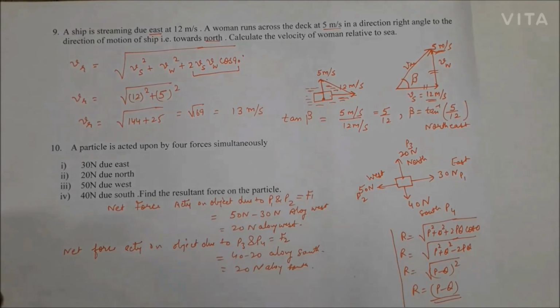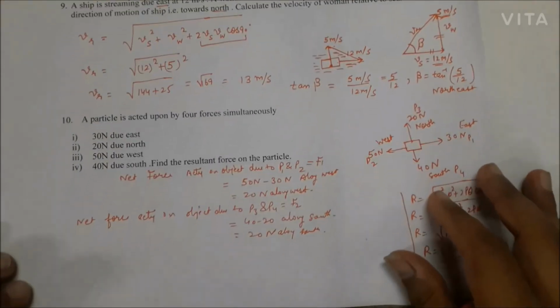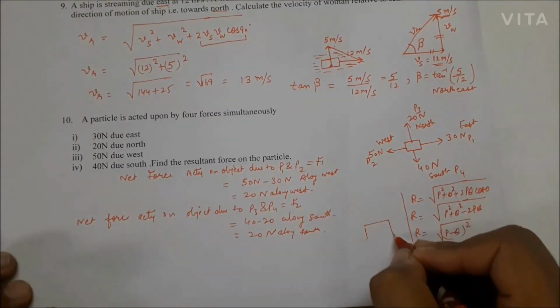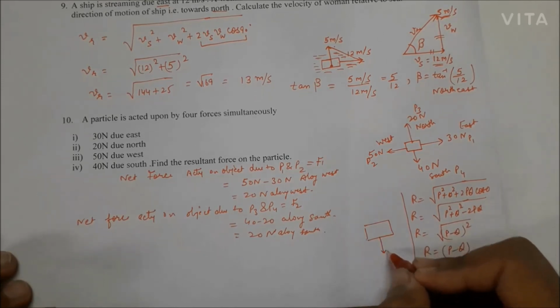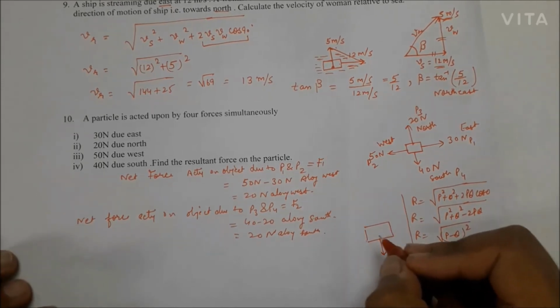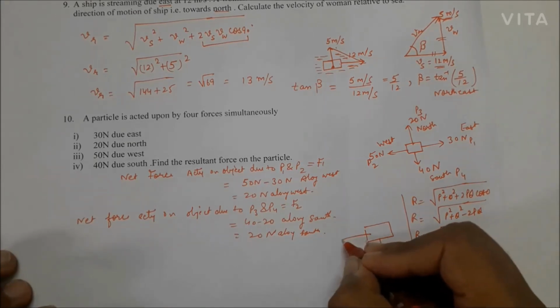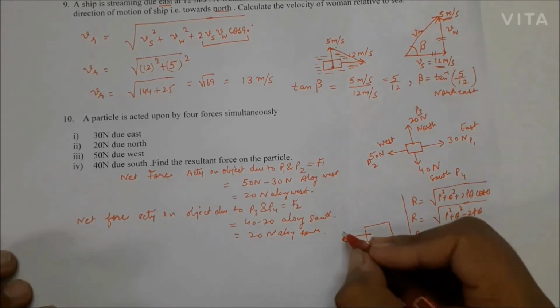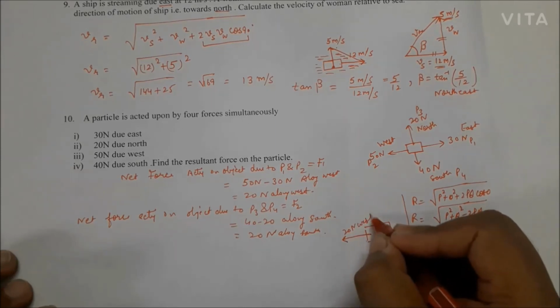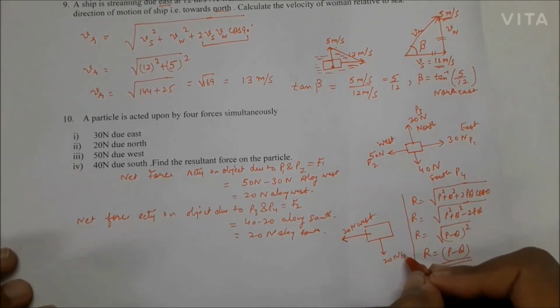Now what my new diagram comes out to be? My new diagram comes out to be like this. 20 Newton force is acting this way and my 20 Newton force is acting along west. 20 Newton west and 20 Newton south.